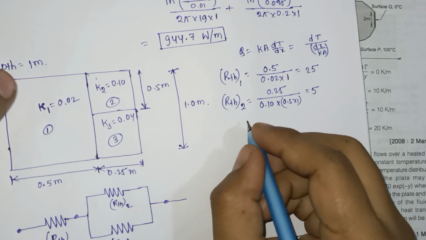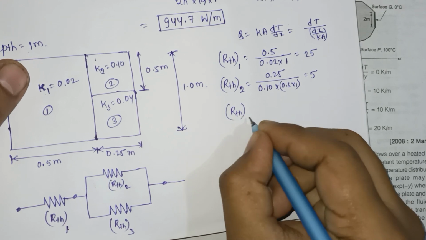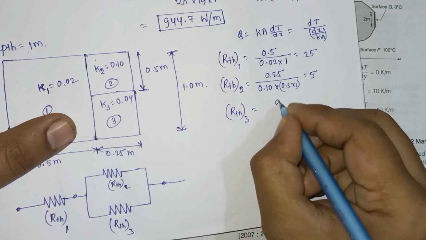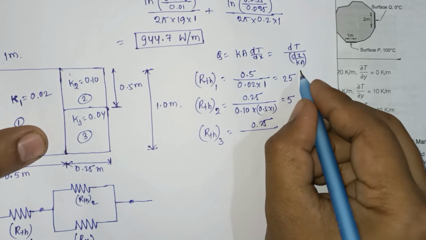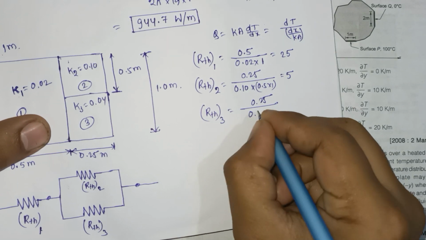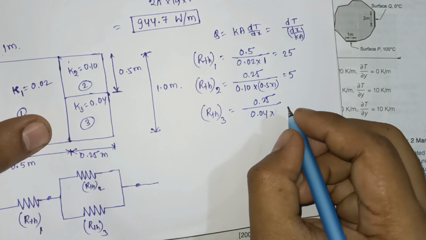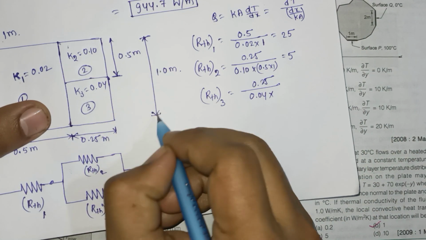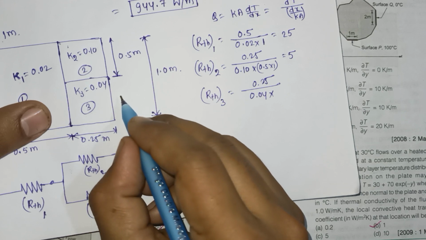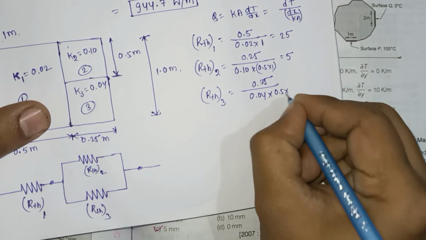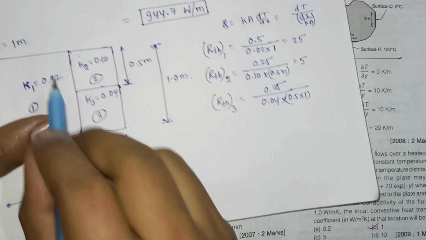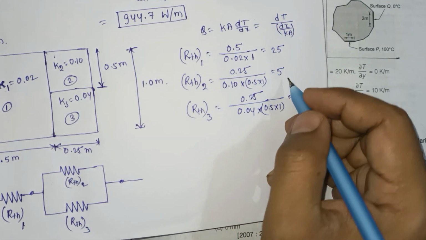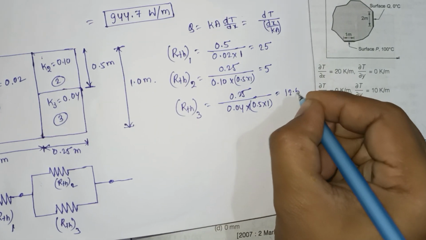Then RTH3 is dx by ka, 0.25 by k that is 0.04 into a, so this is 0.5 into 1. Here 1 is for depth. If you put this in the calculator, the answer will be 12.5.